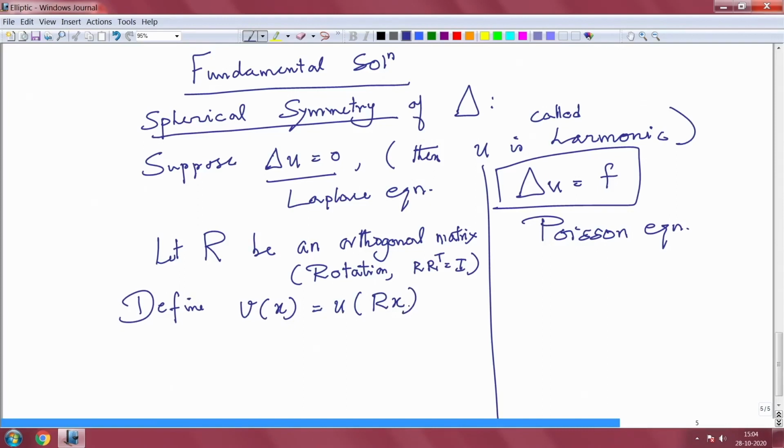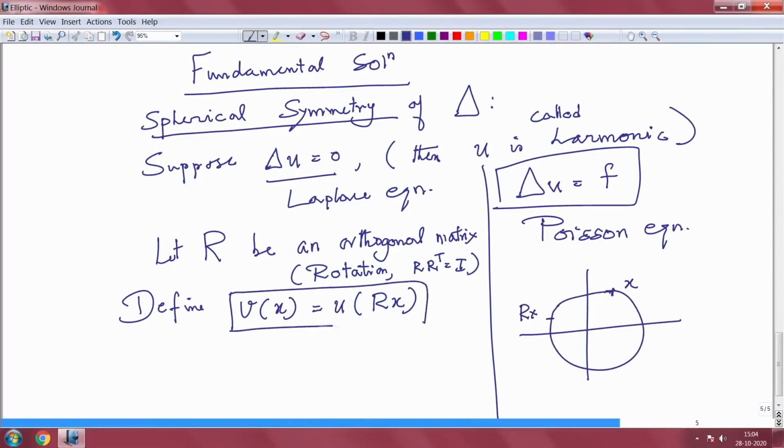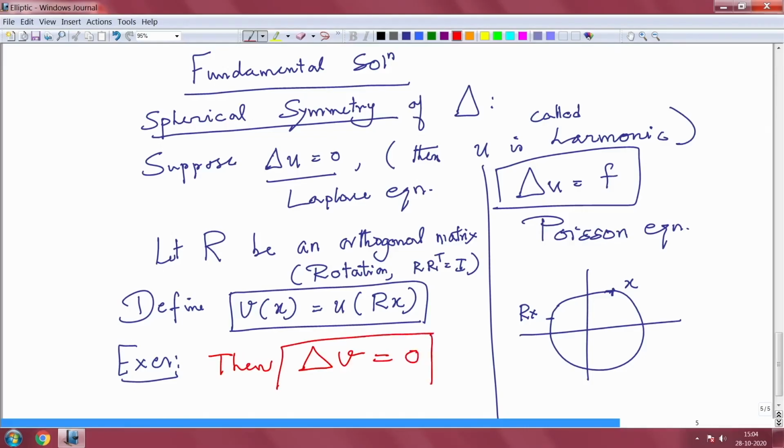So, that means R is a rotation, it rotates the vectors, you know it, right. If you have a vector here, it rotates along that. So, this is x, R x may be somewhere here. So, you are defining the value of the function by rotating. Then the exercise which I want to give you, so you can prove it, is that V is also harmonic, you see. So, this is your spherical symmetry.